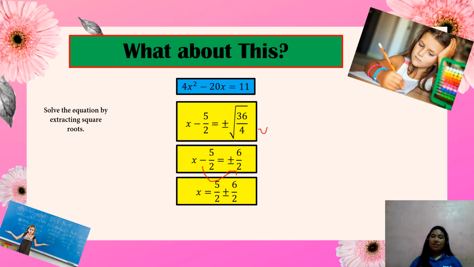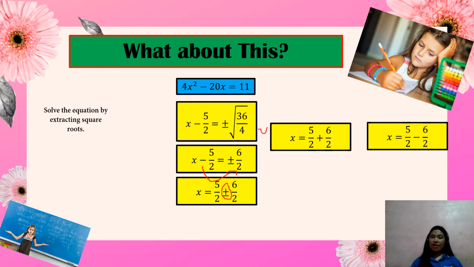And then the next step is to separate the plus and minus here. So we're going to have it that way. Now, since they have the same denominators, it will be easy for us. That's the purpose of why I intentionally did not divide the 36 over 4 earlier.